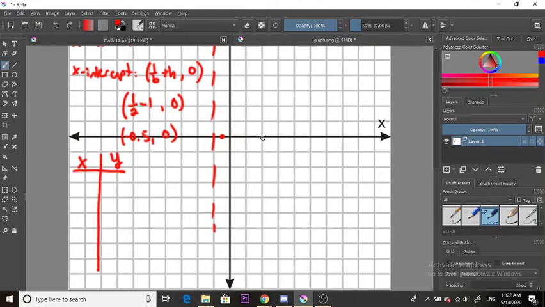So I'm going to say x is equal to 2 for one, and then I'm going to say that x is equal to 4 for another. I'm only going to choose 2 more points because I already have my x-intercept here.